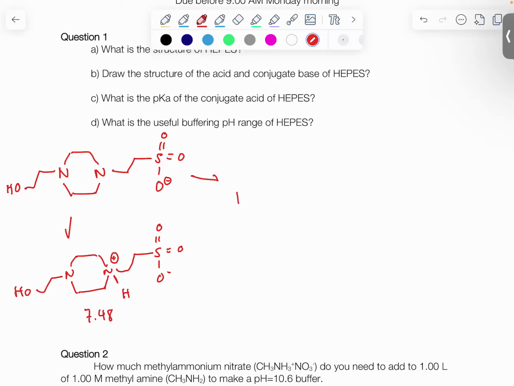And then our base is missing that proton.